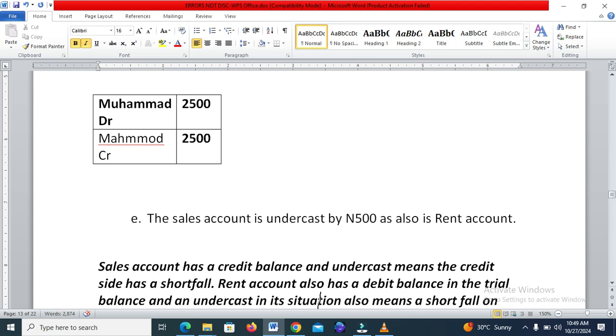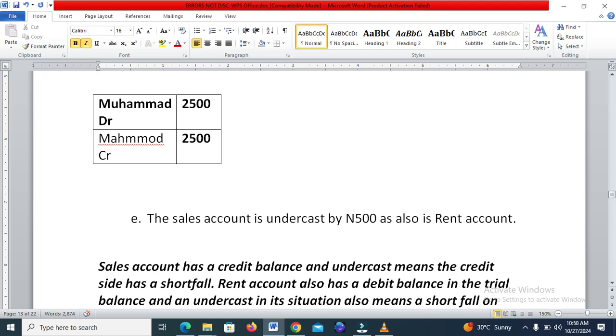Okay. The last one, which is sales account, is undercast by 500 naira, as also is rent account. This kind of transaction is what is called error of compensation. We all know that sales account has a credit nature, while rent account has a debit nature. So if there is an undercast of 500 naira from sales account, that means our sales account has reduced by 500 naira.